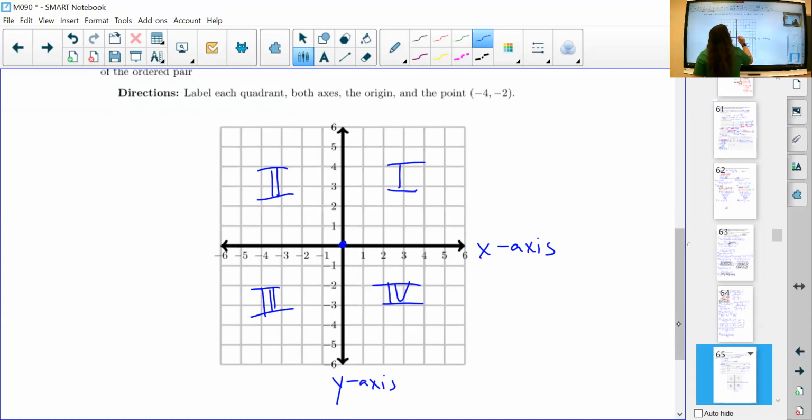That's right here, 0, 0. And the point -4, -2. So that says horizontal distance is -4. Vertical distance is -2. It's right here. -4, -2.